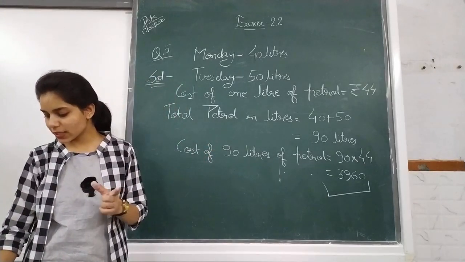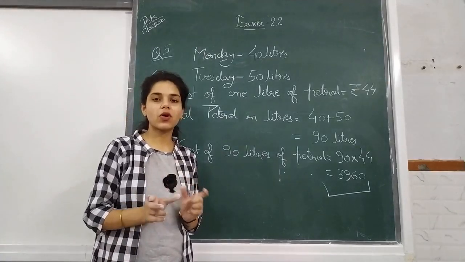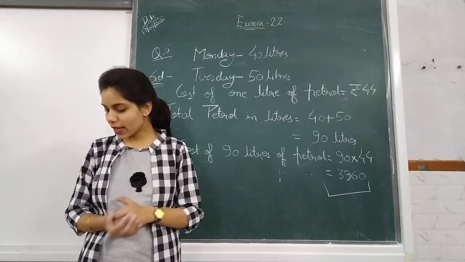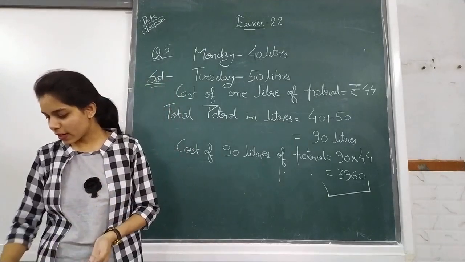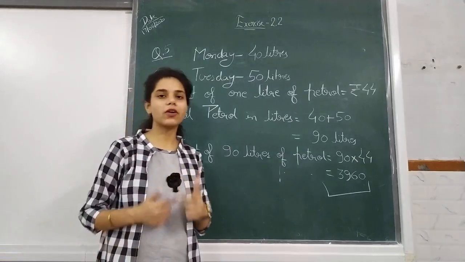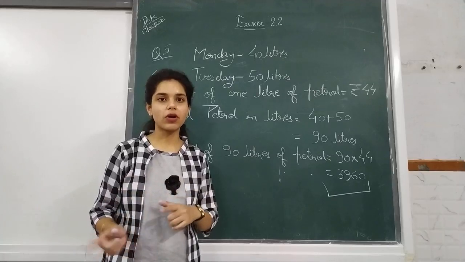So if you add 32 and 68, you will get the total liters of milk, and if you multiply with 15, you will get the per day amount due.